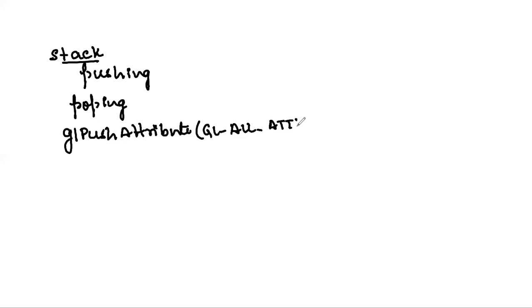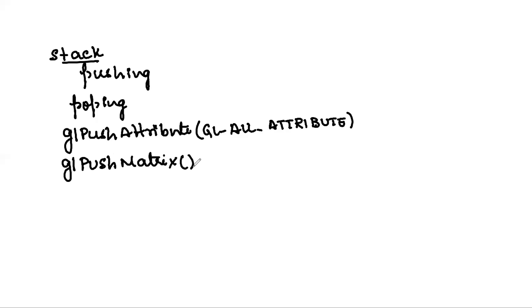Here we also have a built-in function called glPushAttrib. This will take one argument, that is GL_ALL_ATTRIB_BITS. Similarly, there is one more function to push the matrix, which is glPushMatrix.